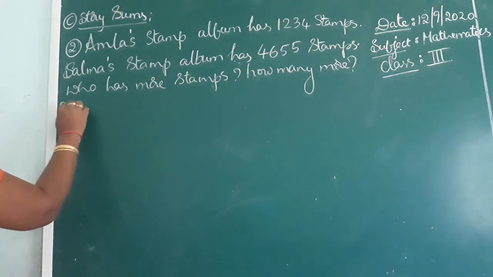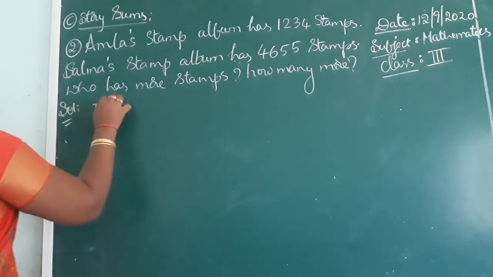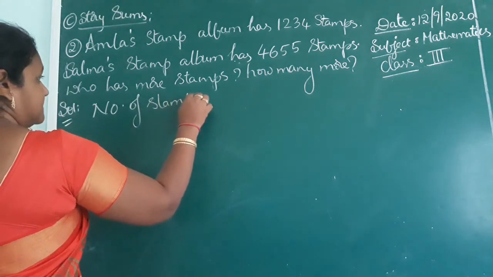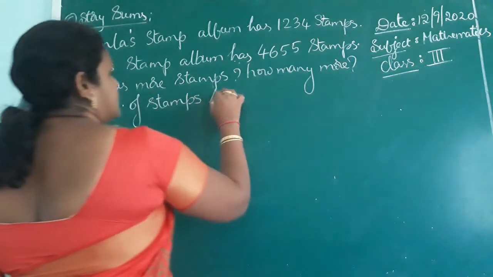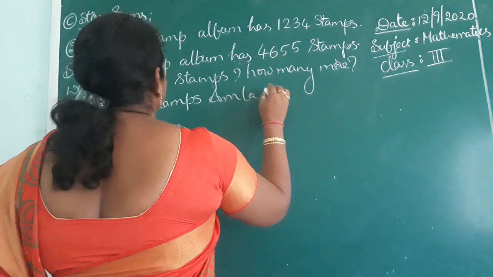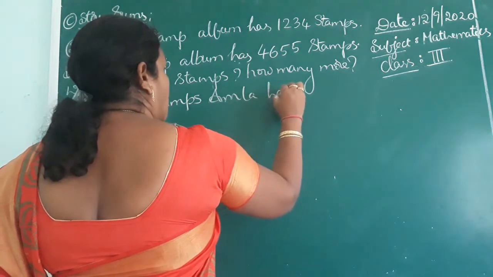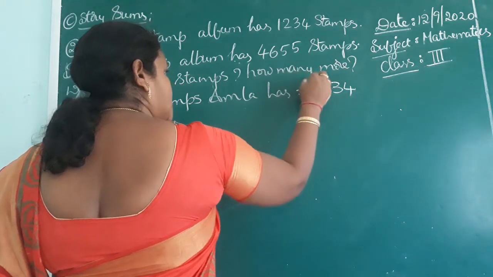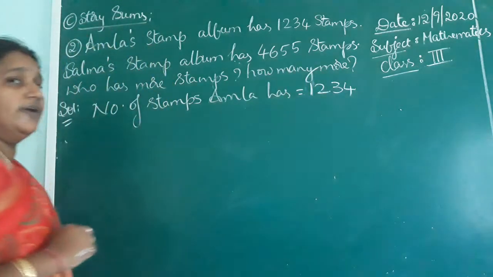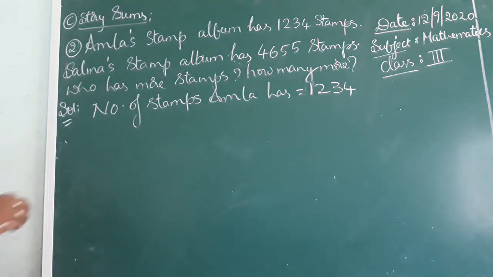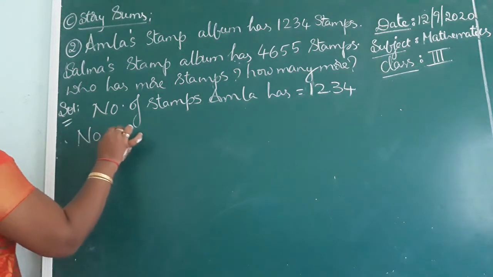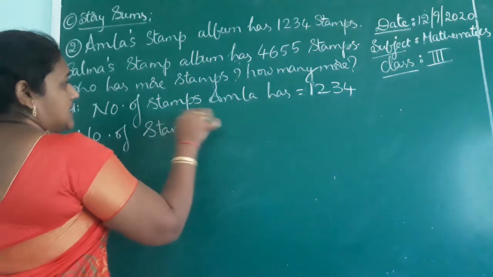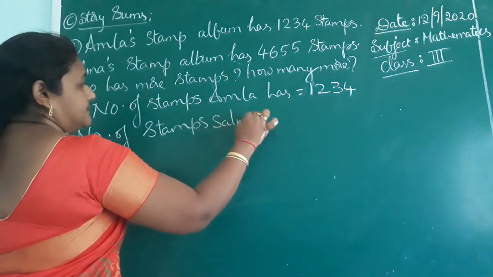So write number of stamps Amla has. How many stamps does she have? 1234. Next, number of stamps Salma has.